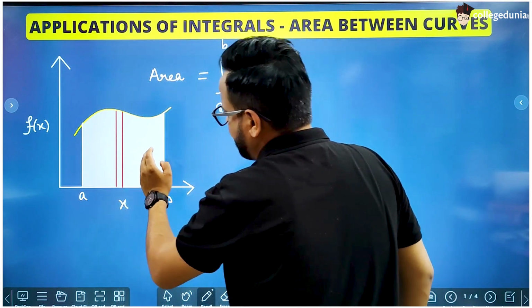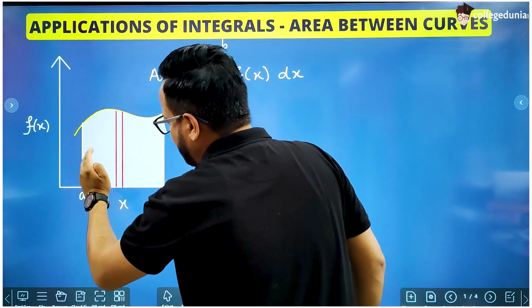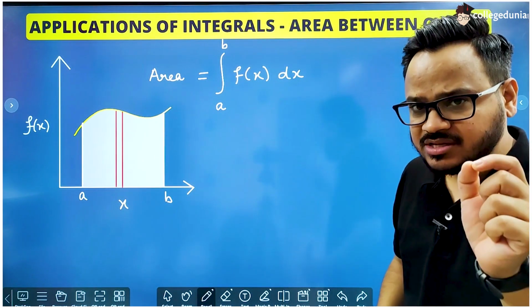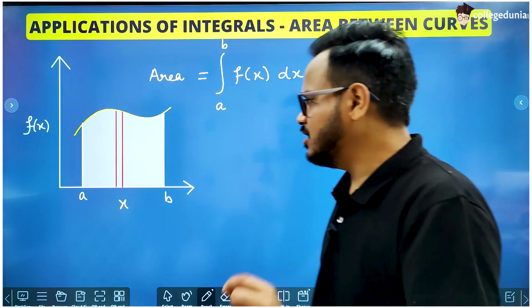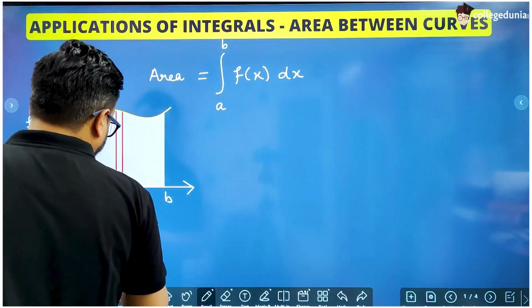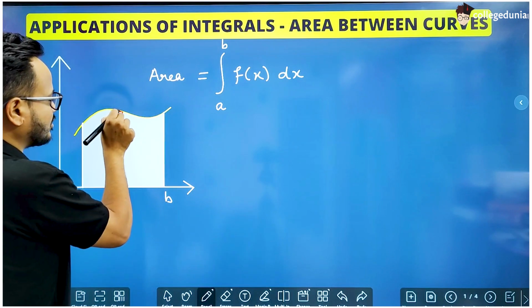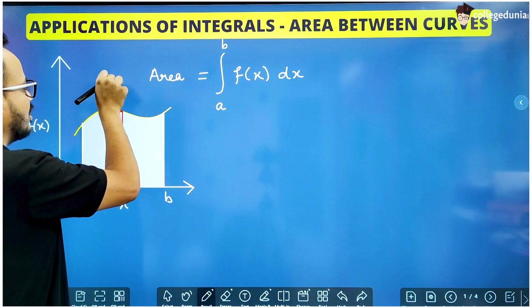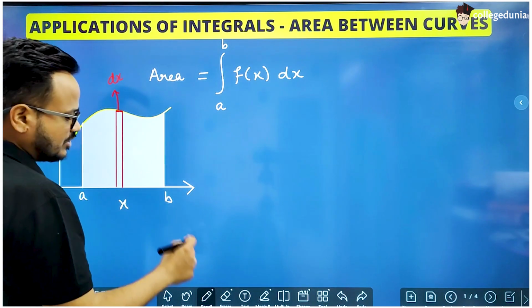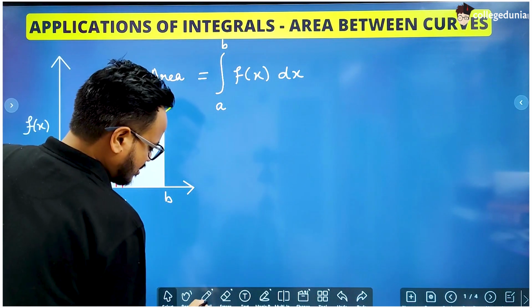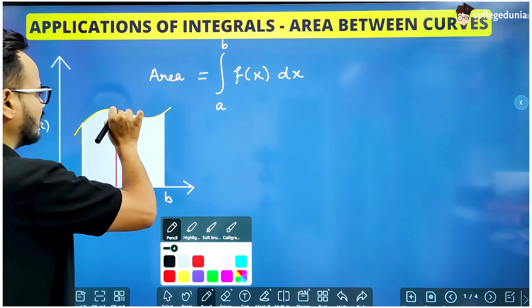You can imagine that we have divided this whole area into almost infinite such strips, because each strip is very thin, right? And let us say the width of this strip is dx. Let me use some other color for this. Width of this strip is dx, right?